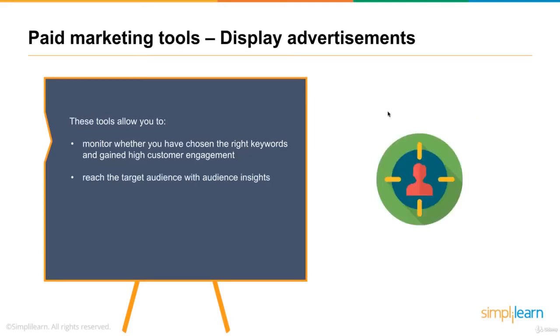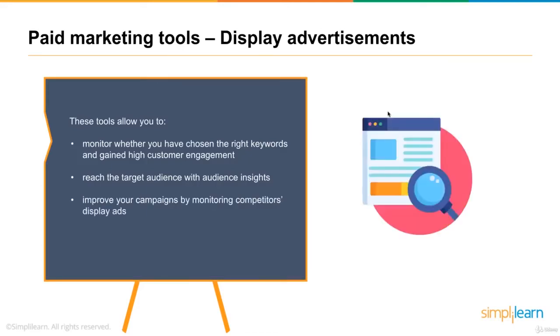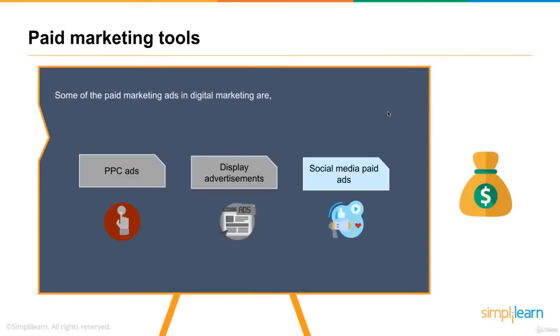Of course, that means looking at not only audience insights, but our target insights as well. Are we reaching the right audience when it comes to display? Google has a good breakdown that I'm going to show you here in a couple of minutes. We also want to improve our campaigns by monitoring our competitors' display ads. There are tools available that'll help you do that. And that's on the display side.